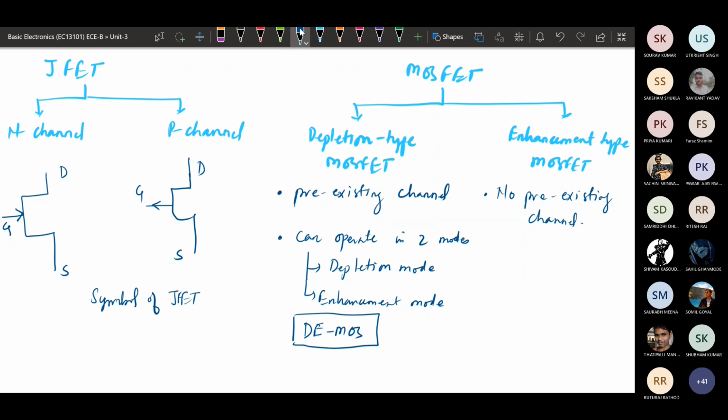Okay, in case of enhancement type MOSFET, it can operate in only one mode, and that mode is enhancement mode.